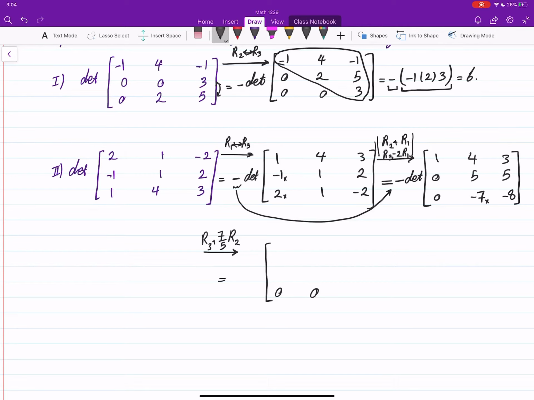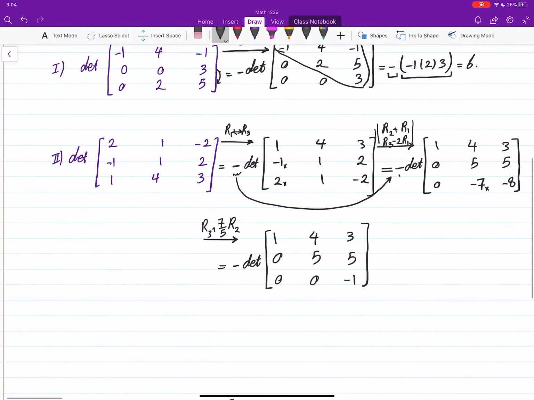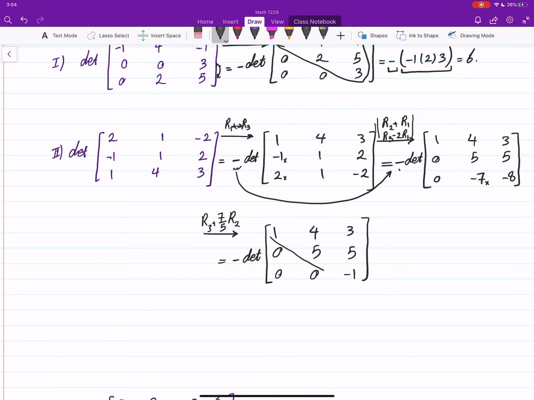Added to negative 8 will give us negative 1. Everything else stays the same. You could do this one in different ways, but I like to do it the way I wrote down. And we know that this operation doesn't change determinant. So determinant stays the same. However, we have a negative sign from before, and we have to carry over that one. Now, this is done. This is an upper triangular matrix, and determinant of that is the product of the entries on the main diagonal, which altogether gives us 5.